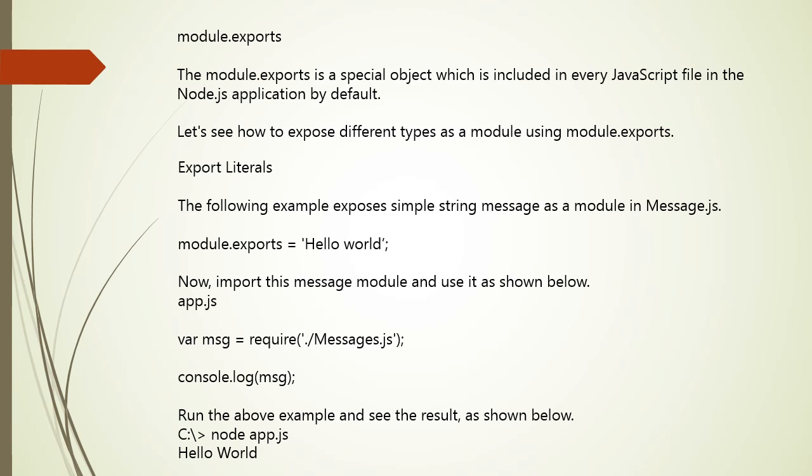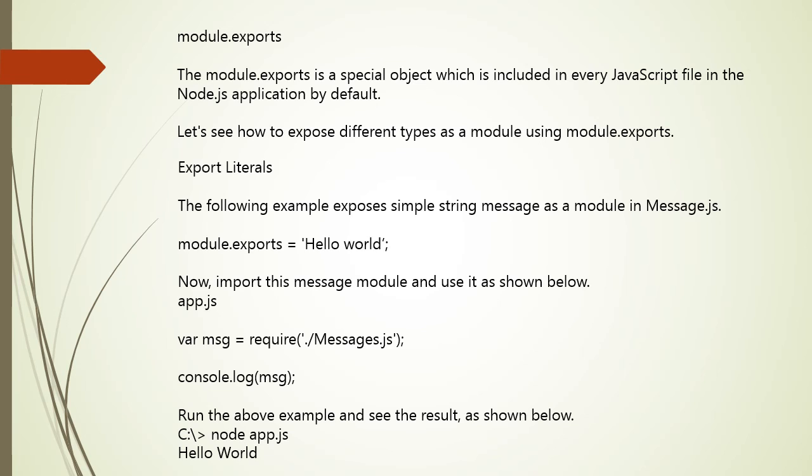Now import this message module and use it as shown. Write the app.js this way, where message = require('./message.js'); console.log(message). Run the above program and you will see the output as hello world.